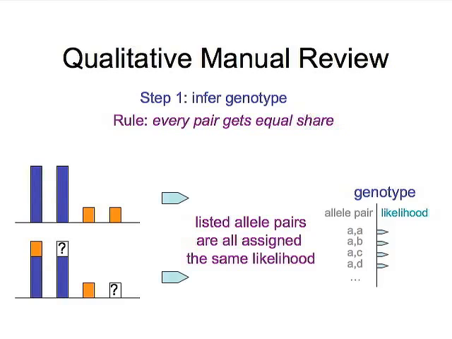Well, what about the 4th? That's okay. It's included. In this case, everything that could possibly fit that data is considered to have the same likelihood. They're listed out, all 10 possibilities, the first and the first, the first and the second. A list is made, and they're all given the same likelihood.